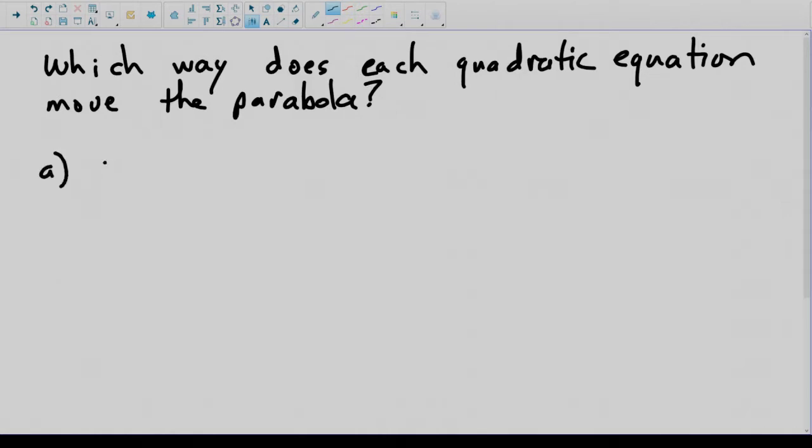And I ask you, following this equation, so answer the question: which way does each quadratic equation move the parabola?